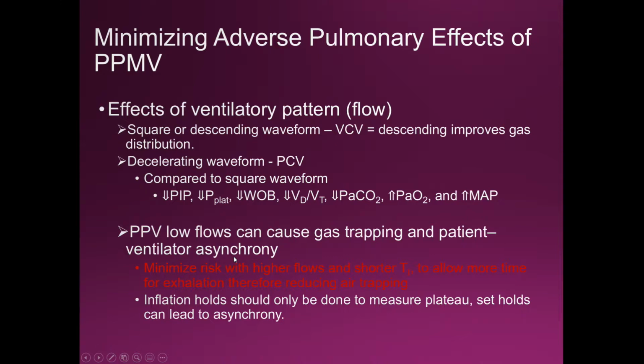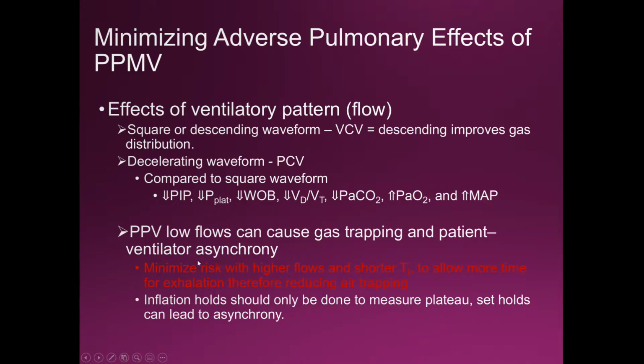So positive pressure ventilation, low flows can cause gas trapping and patient ventilatory asynchrony. We talked about this. If you have low flow, you will have a larger I time and therefore shorter E time, which will create a trapping event, and therefore the patient's not going to feel good.